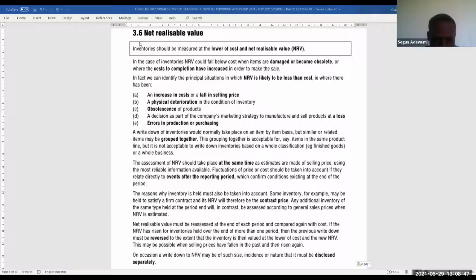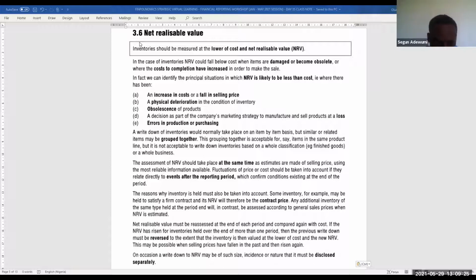The reasons why inventory is held must also be taken into account. Some inventory, for example, may be held to satisfy a firm contract, and its NRV will therefore be the contract price. Any additional inventory of the same type held at the period end will, in contrast, be assessed according to general sales prices when NRV is estimated. Net realizable value must be reassessed at the end of each period and compared with cost.